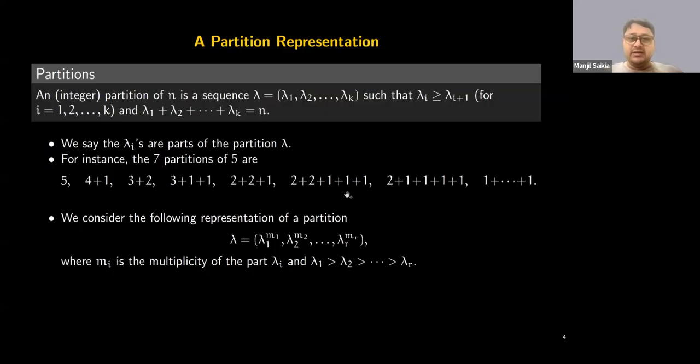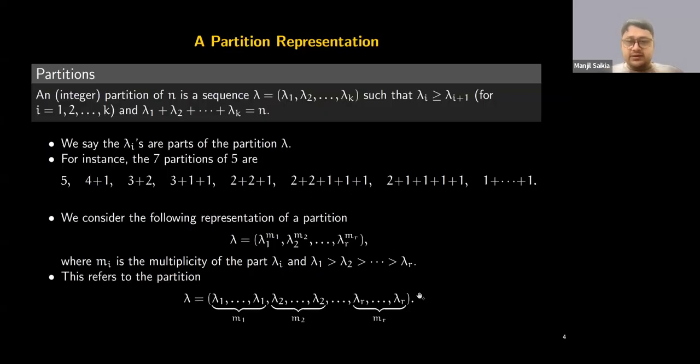For instance, the partition 2 plus 2 plus 1 plus 1 plus 1 would just be 2 to the power 2, 1 to the power 3.